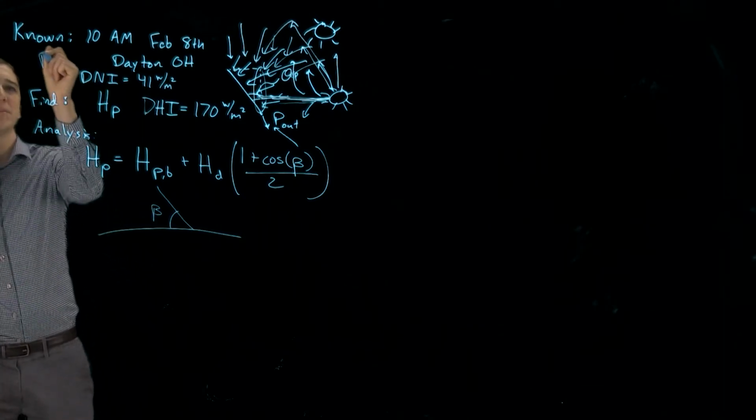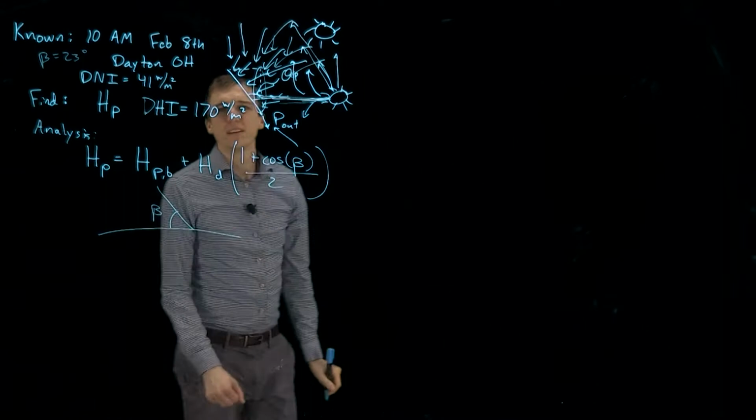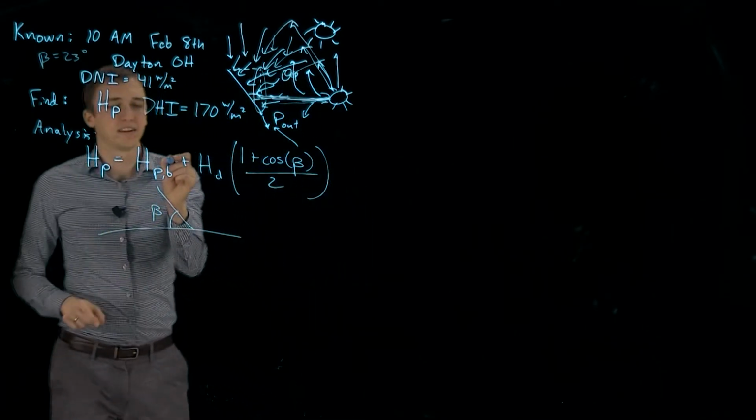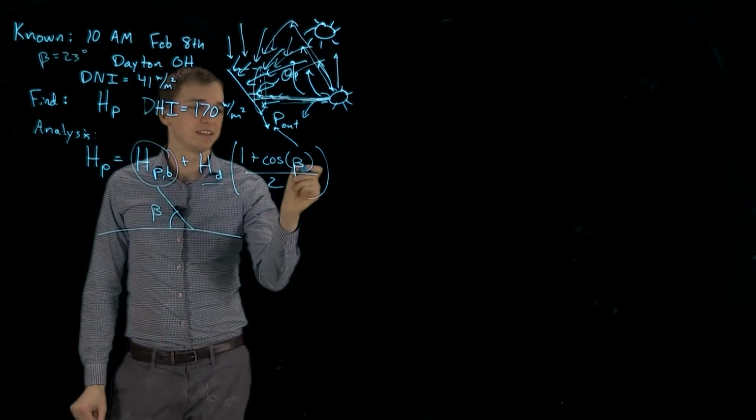In this problem, our beta is 23 degrees. All right, so we need to find this term, and we need to plug in this and that.